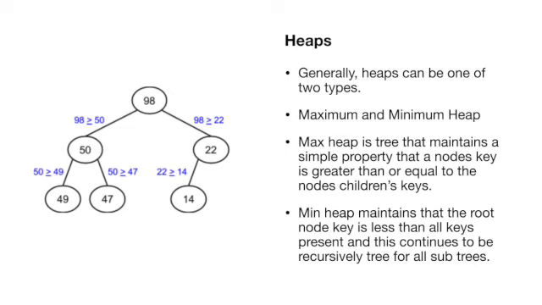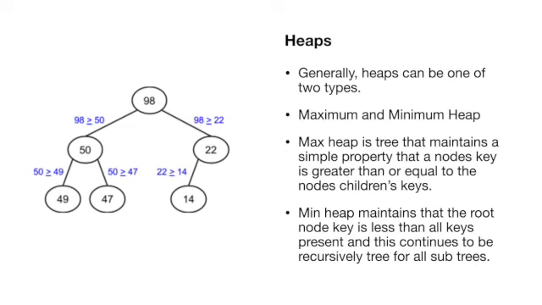But the max heap property isn't the only one. There are actually 2 types of properties that can be associated with heaps and binary trees in general: the maximum, which is what we just discussed with the visual graphic on the left, or the minimum heap, which is almost the inverse of the max heap property. The root node is the minimum key of the tree, and it is sorted in order downward.